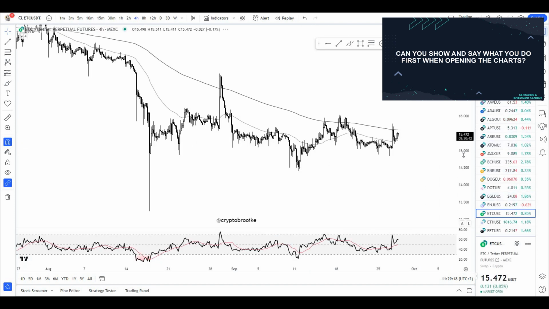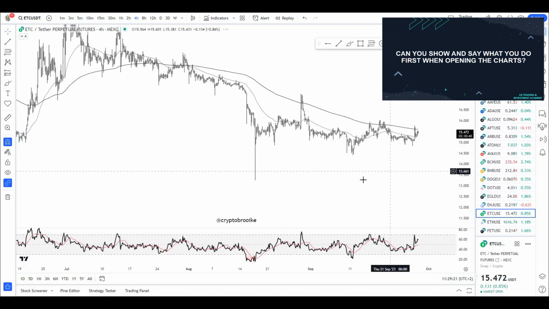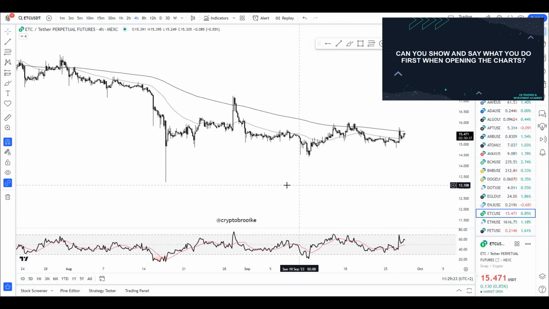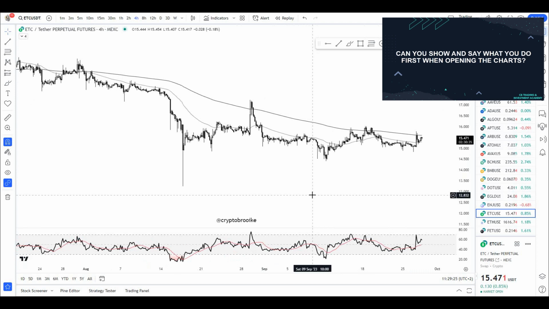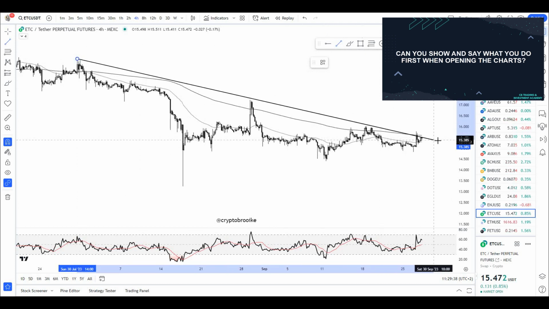Just find the things or the indicators or those things that fit your style best, or the things that stand out to you from the moment you see a chart, because when you practice that a lot, it becomes easier to spot certain trend lines.